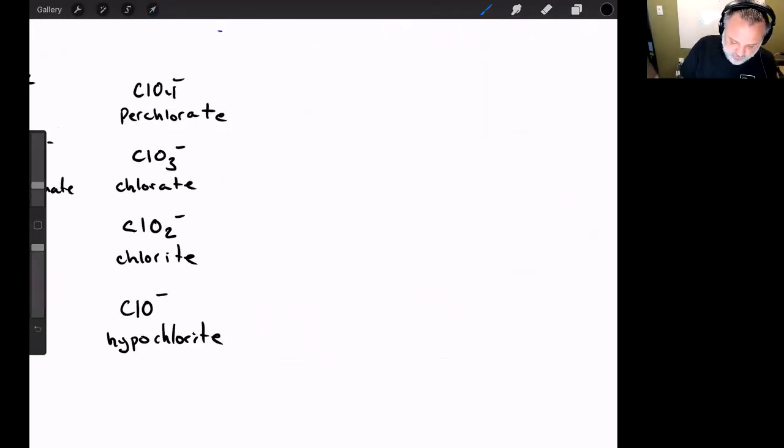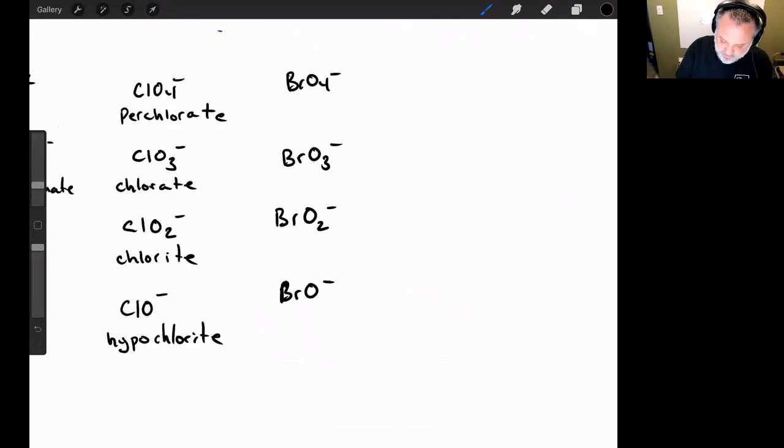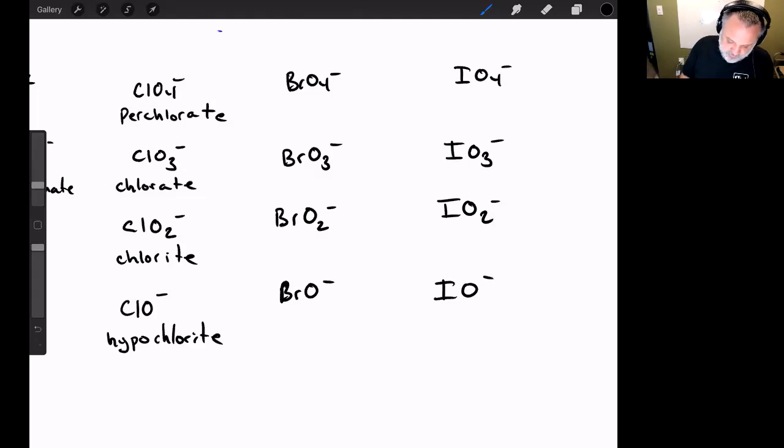Just like I have a chlorate, I have a BrO3 minus, a BrO2 minus, a BrO minus, and a BrO4 minus. I have an IO4 minus, an IO3 minus, an IO2 minus, and an IO minus. This is bromate and bromite.